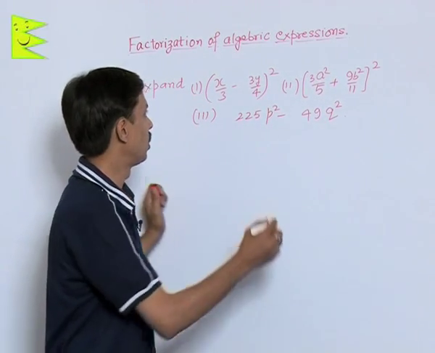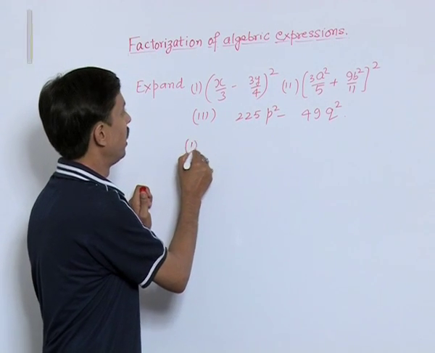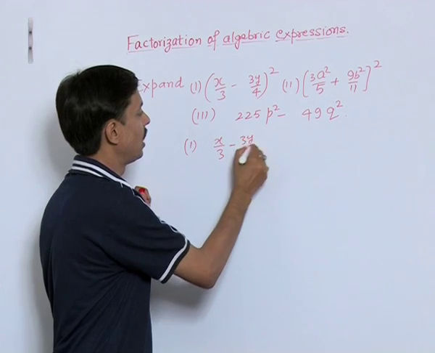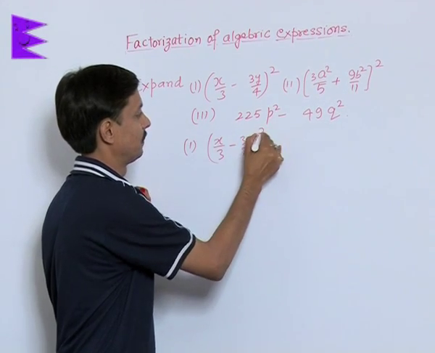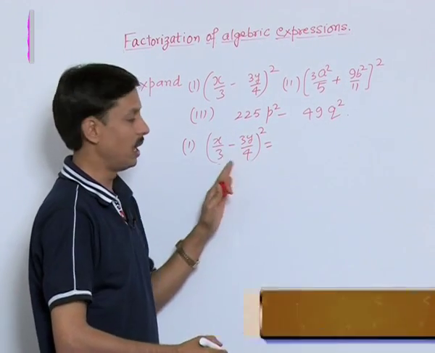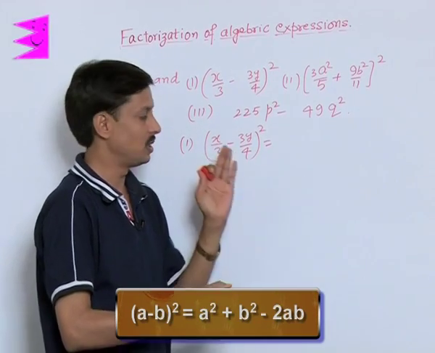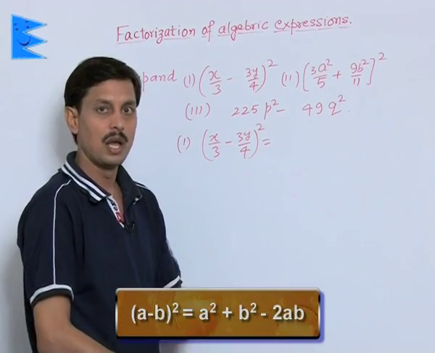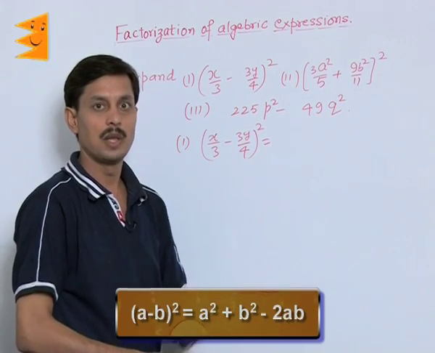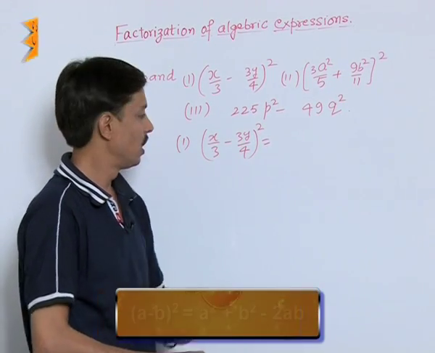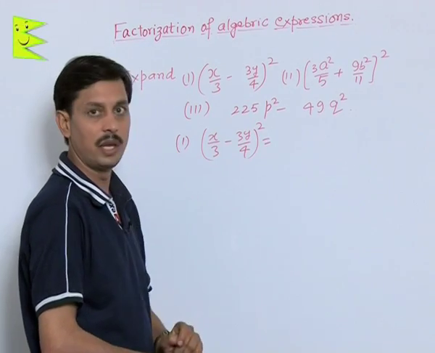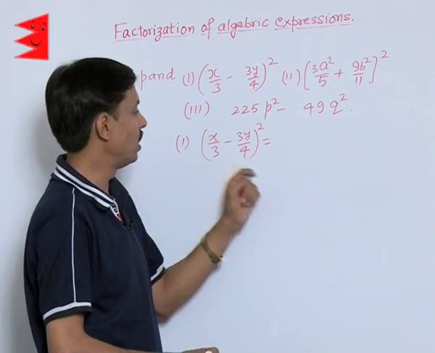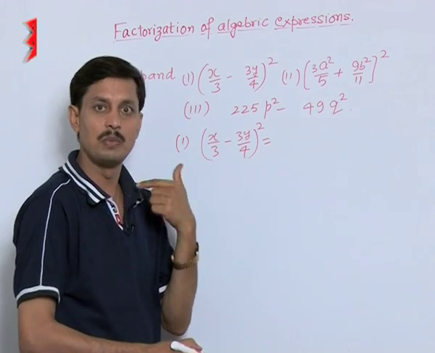The expansion of the first part is (x/3 − 3y/4) whole square. So (a − b) whole square is a² + b² − 2ab. A means the first term, b means the second term. The first term here is x/3, the second term is 3y/4. The formula to be used is (a − b) whole square.